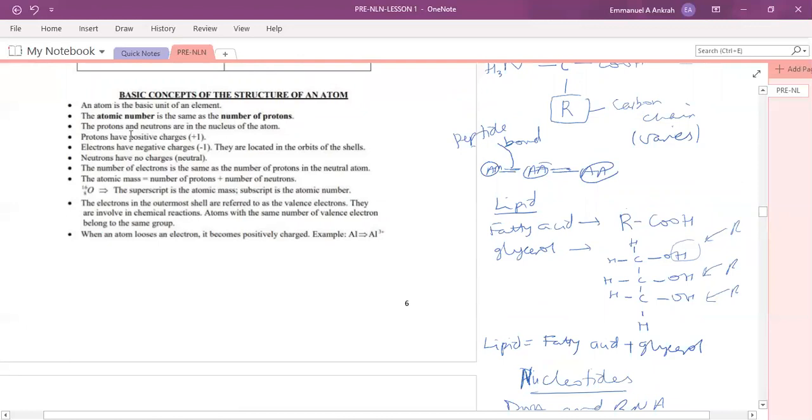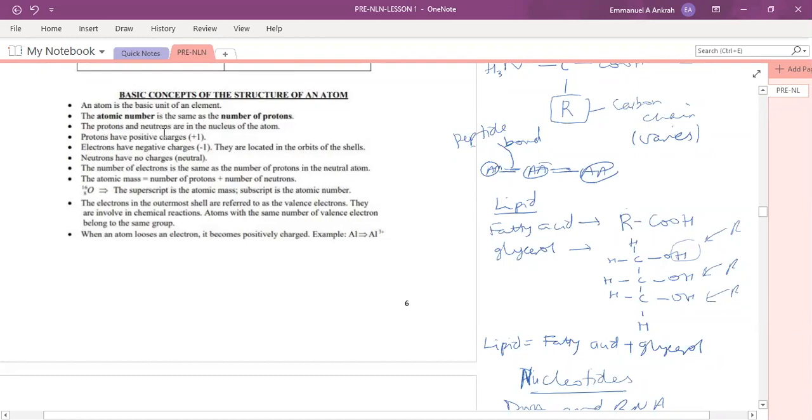Okay. So you can please track the screen for that one. An atom is the basic unit of an element, right? And then every atom has what we call atomic number. We have to remember that atomic number is the same as the number of protons.